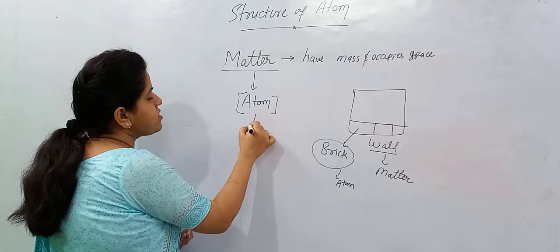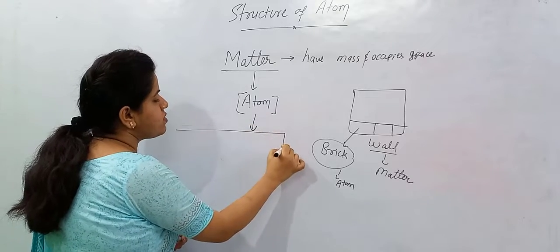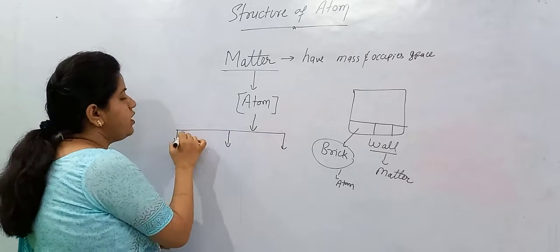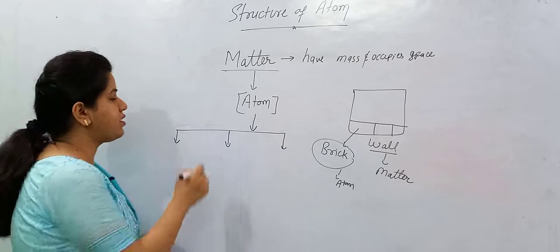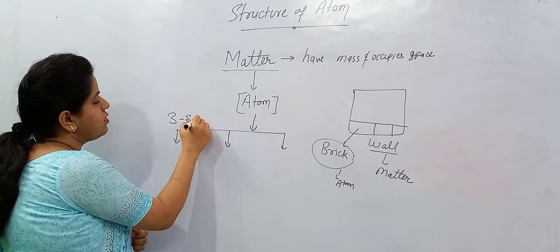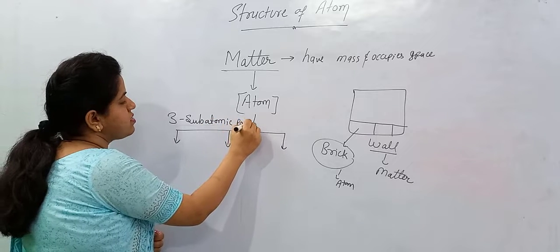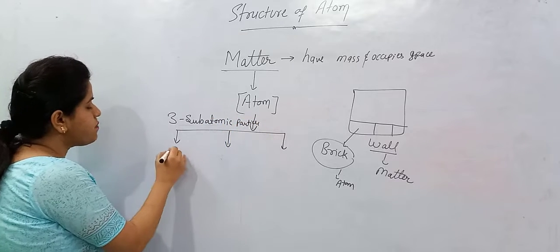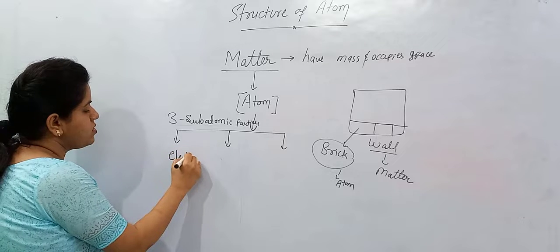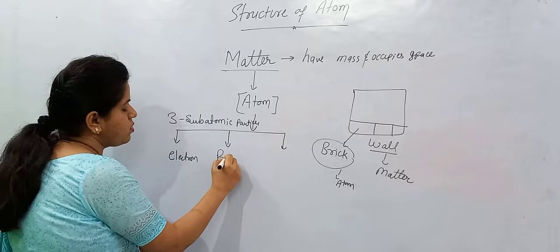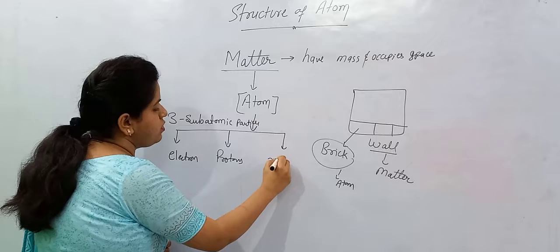And this is how we got to know that atoms can be further divided into 3 subatomic particles. These particles are electrons, protons and neutrons.